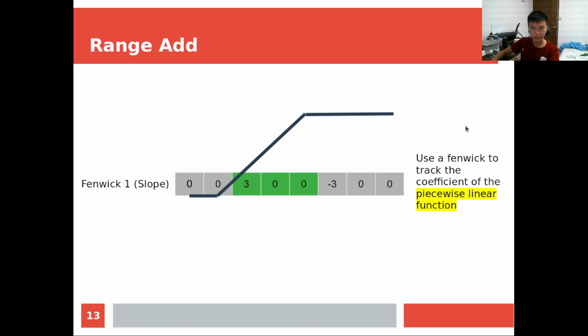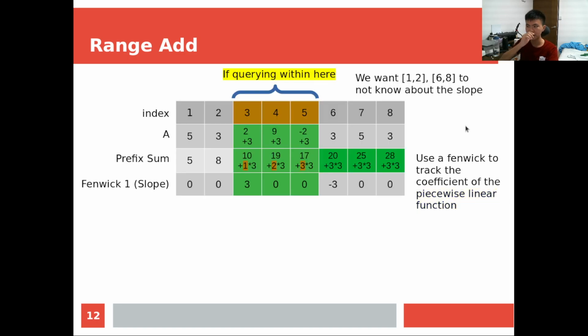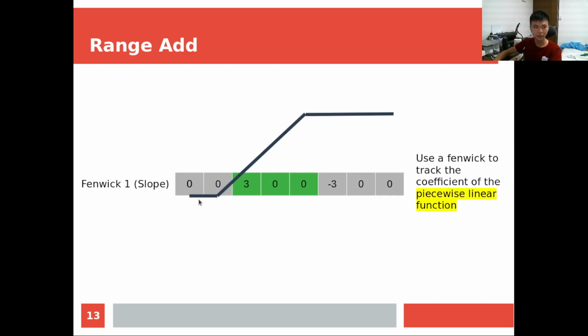But what is this piecewise linear function representing? This piecewise linear function actually represents the contributions to the prefix sum due to the range update. Because we did a range update from indices 3 to 5, the prefix sum changes accordingly. In indices 1 to 2, it changes by 0, which is why we see a 0 over here in the piecewise linear function.